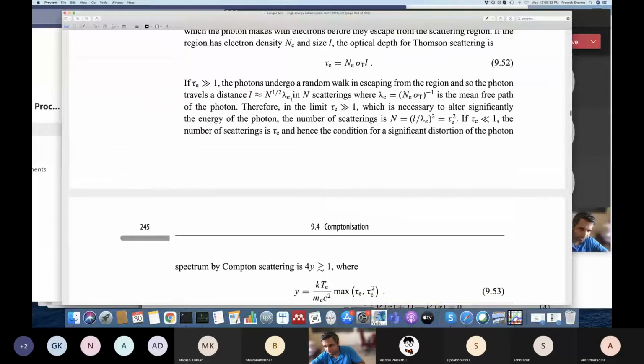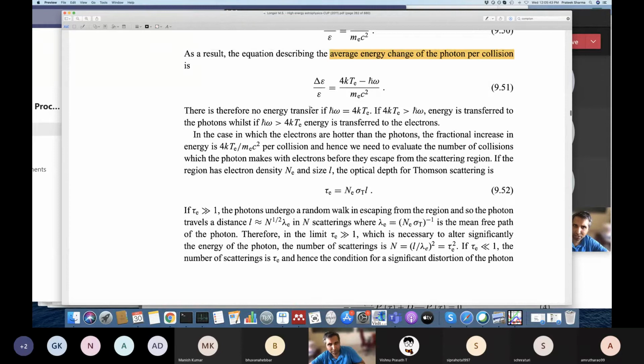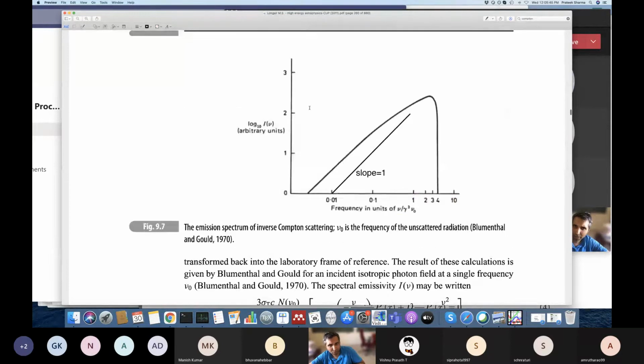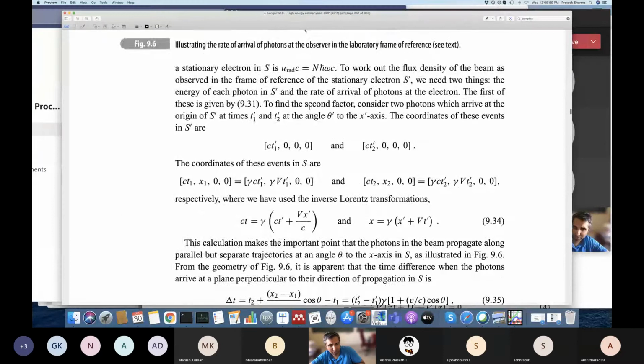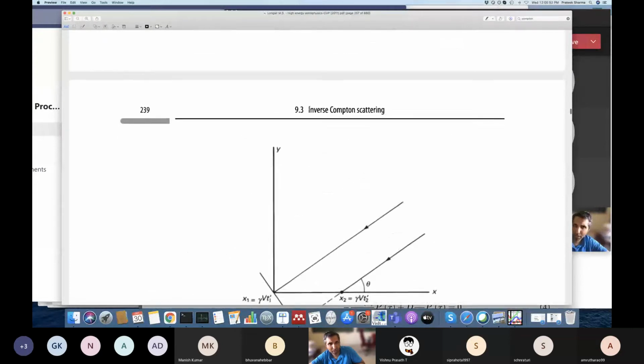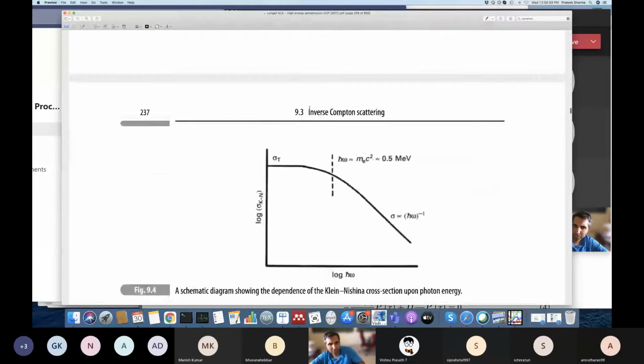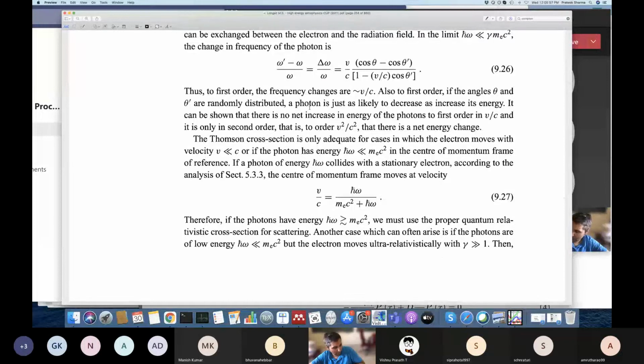Compton processes are a huge topic with a lot of applications, and I'm only scratching the surface of this very important topic. So I encourage you to read this book as well. This is the high energy astrophysics book by Malcolm Longair, in addition to our Relativistic Enlightenment.